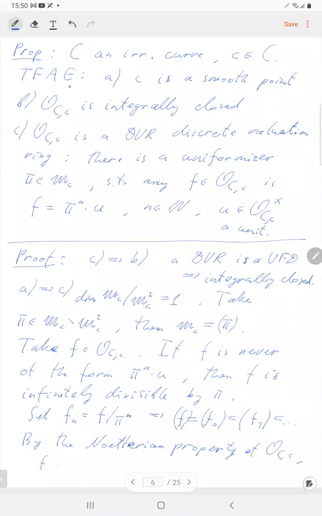So at some point, this ideal is the same as the next one. And it means that when you divide by pi to the power n, it is proportional to f divided by pi to the power n plus 1 for some element in our ring.